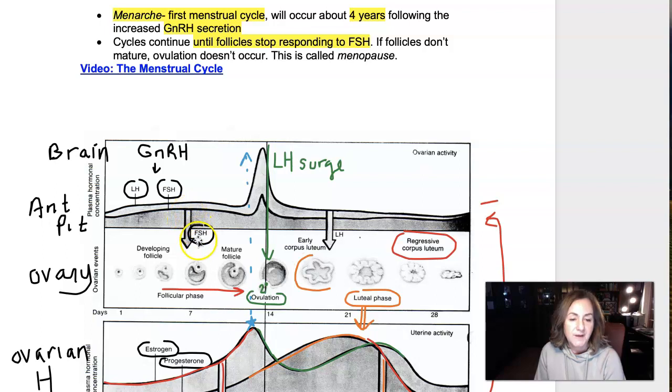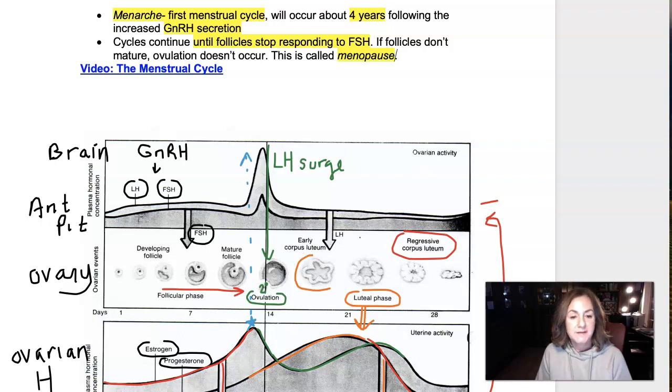And so at the point in time when FSH is being secreted by the brain and no follicles respond, that's basically what menopause is. Menopause means that even though the brain is releasing FSH, no follicles are responding. And if no follicles respond, if no follicles are growing, estrogen levels are going to stay low, progesterone levels stay low, and the endometrium does not get built up.